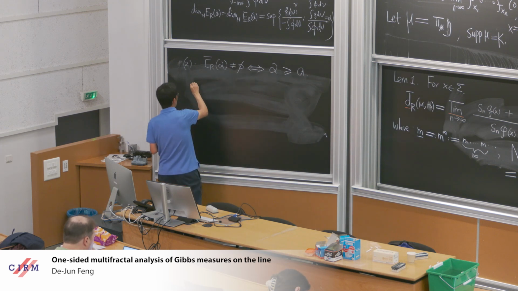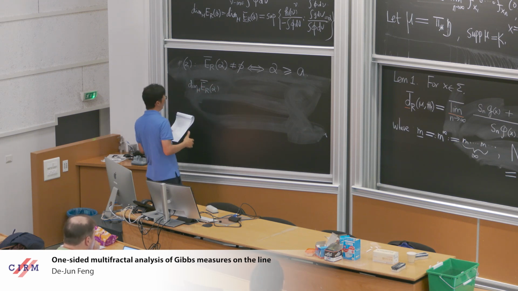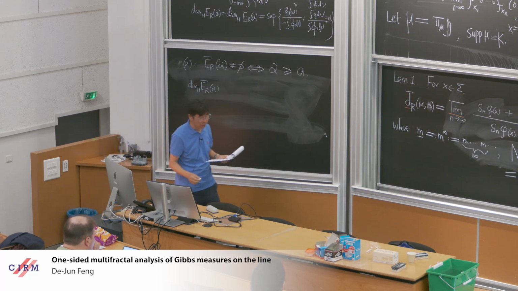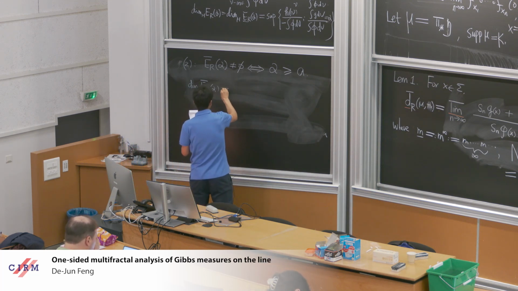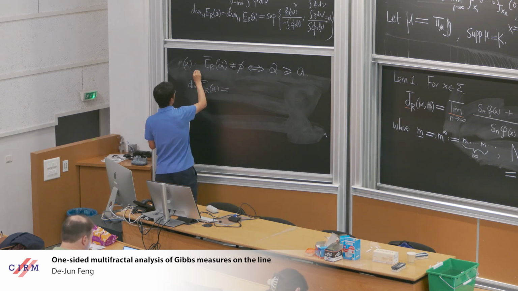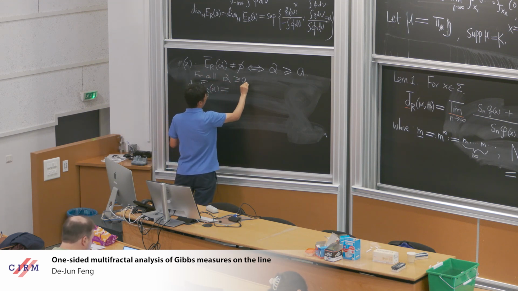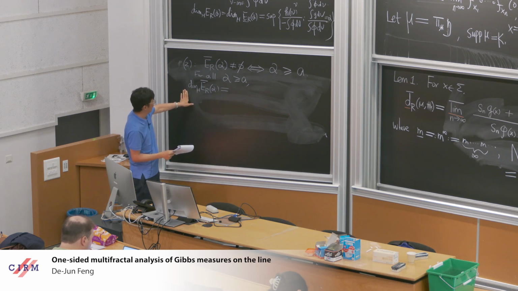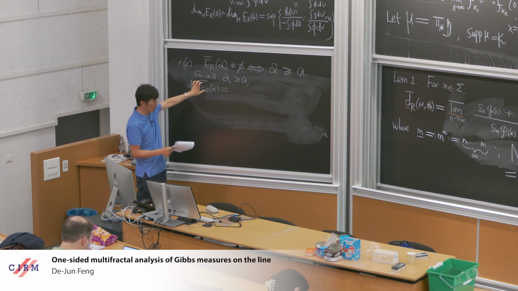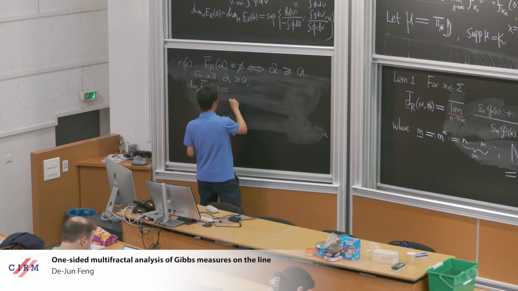And the dimension of E, the upper one, is equal to, we give a variational principle for all alpha greater or equal to A. The Hausdorff dimension of the level set of this upper one-sided local dimension is equal to the supremum.